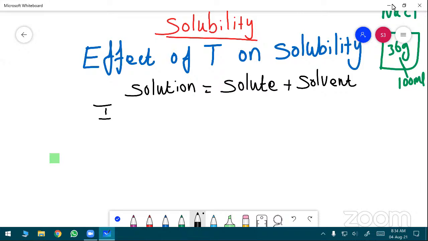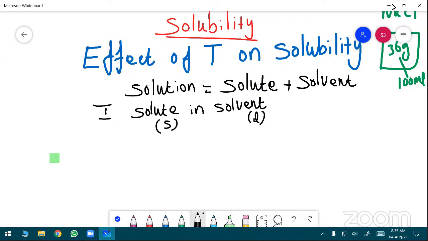When a solid solute is in a solvent, the solvent is in liquid state. This is the system which we are going to see: the solid solute in a liquid solvent.